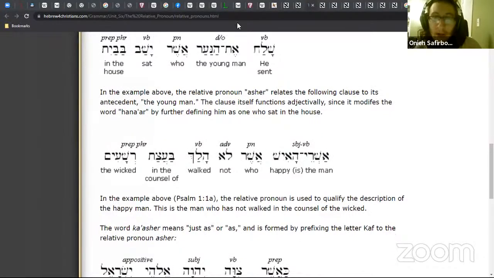So we go here to this example. I'm using this website currently to share this information, Hebrew for Christians. Could you hear the thunder in the background?